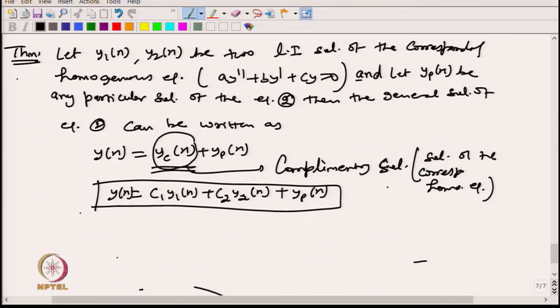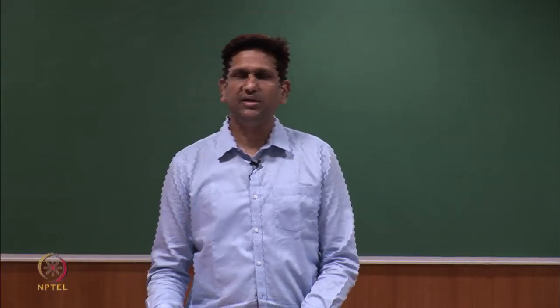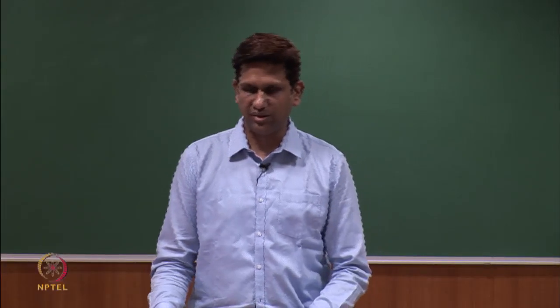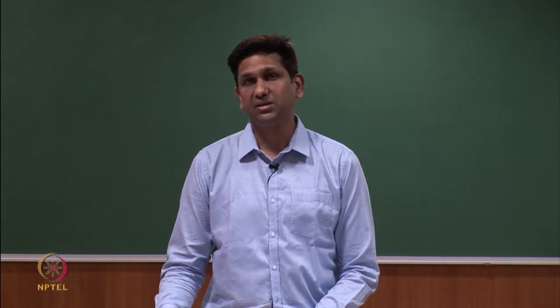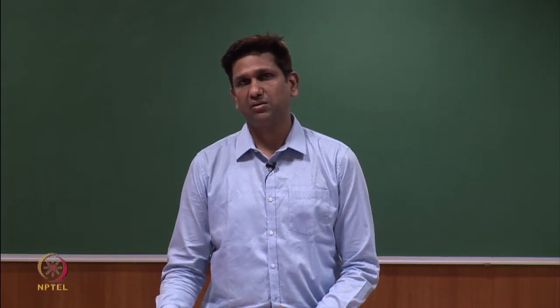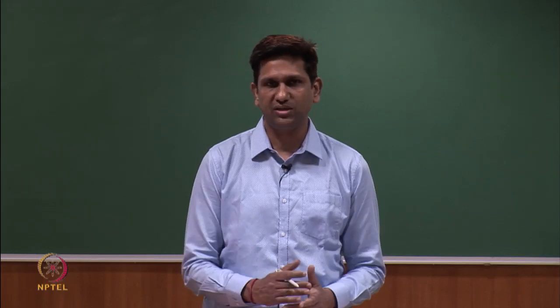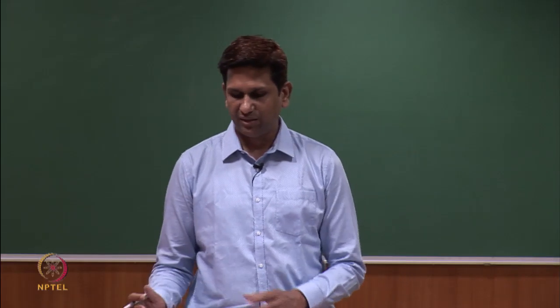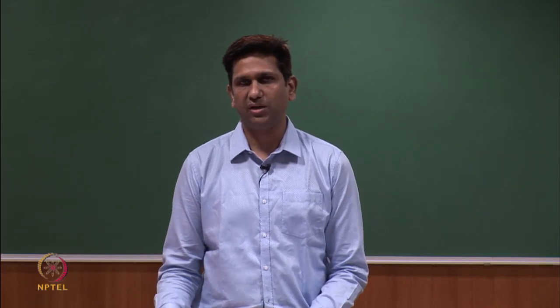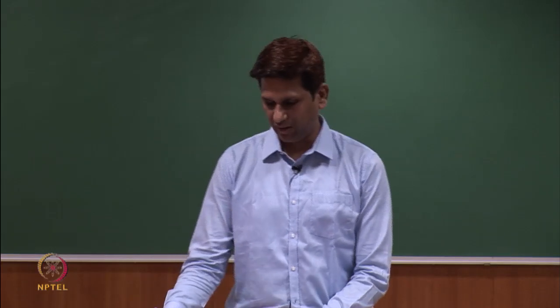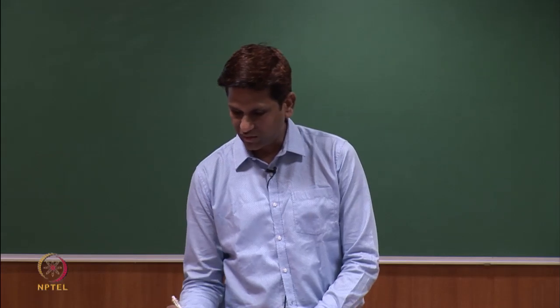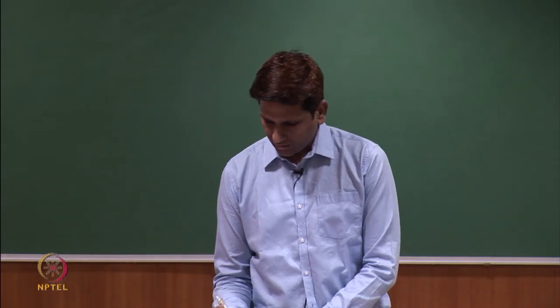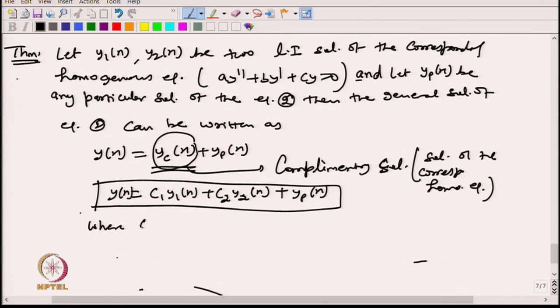This is the same way we solve a system of linear algebraic equations. For a non-homogeneous algebraic system, we first find the solution of the homogeneous linear system, then find a solution of the non-homogeneous system, and add them together. So, this is the general solution of equation 2, where c1 and c2 are arbitrary constants.